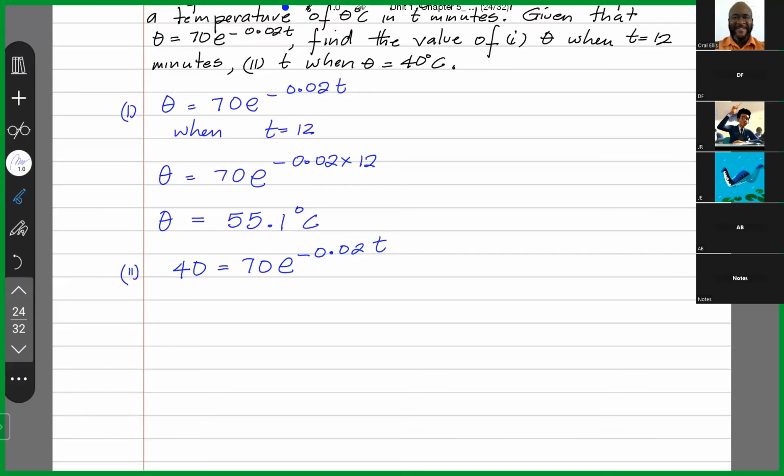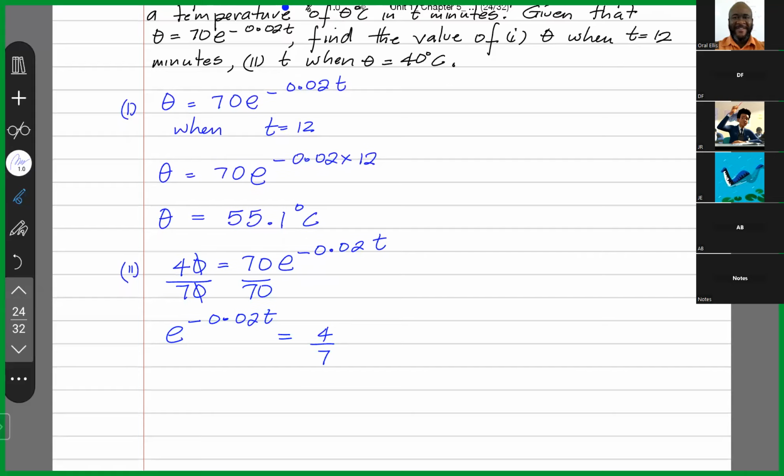I can divide both sides by 70, and what I will end up with is e to the minus 0.02 t would be equal to 4/7. The zeros cancel.